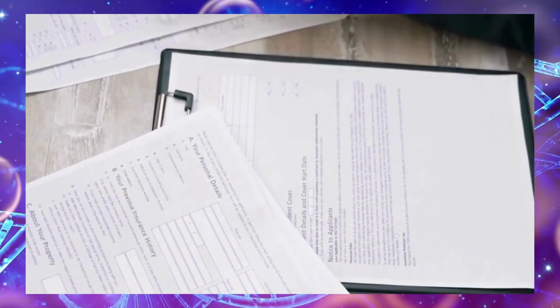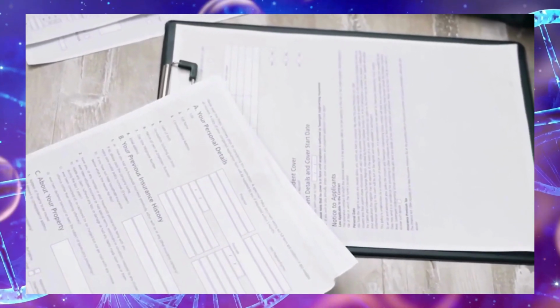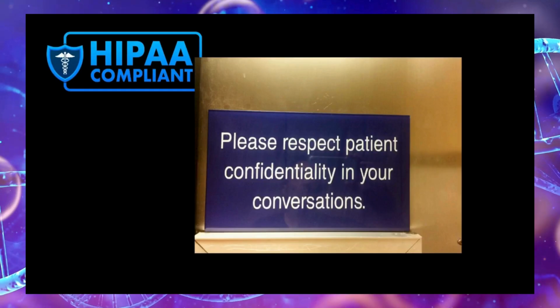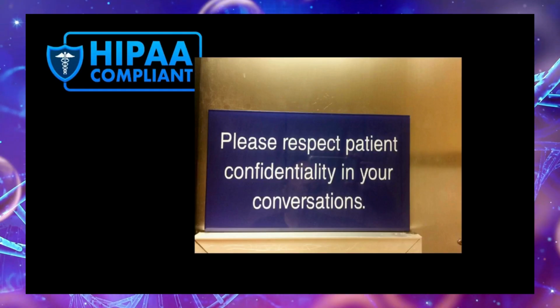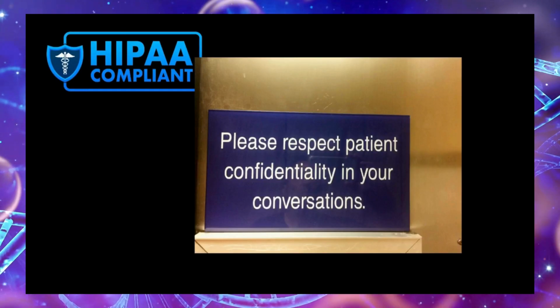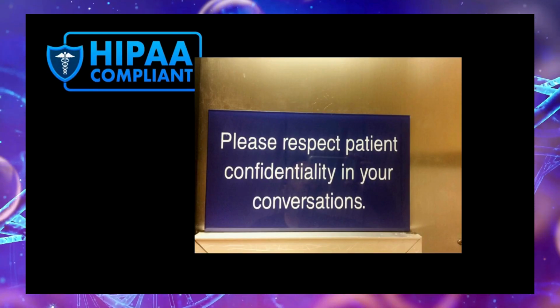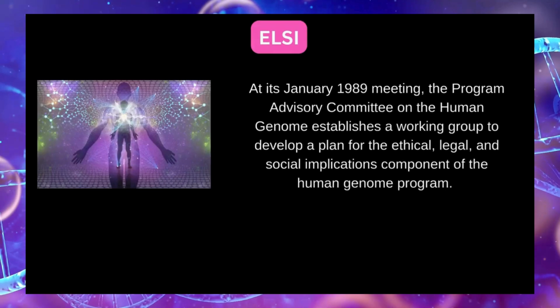There were fears that genetic knowledge could lead to discrimination by employers and health insurance companies. The Health Insurance Portability and Accountability Act was enacted in 1996 to protect against unauthorized release of health information.